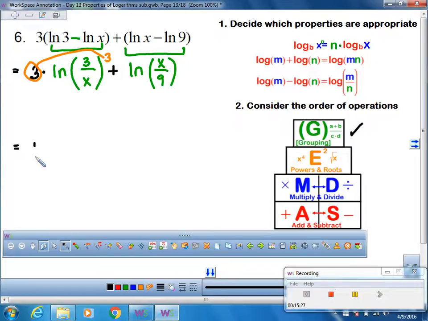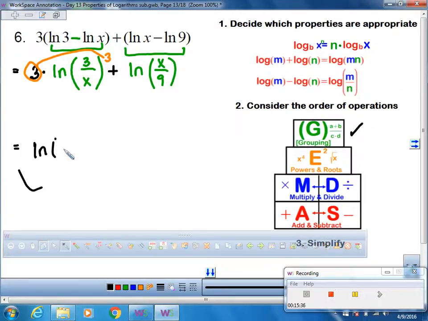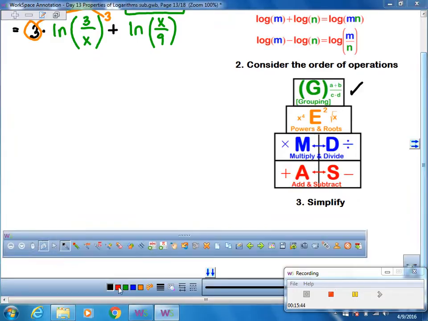So I've got natural log. I said it wasn't going to mess up on me, but it is. So let's move it as far up as I can, and I'll write above it.